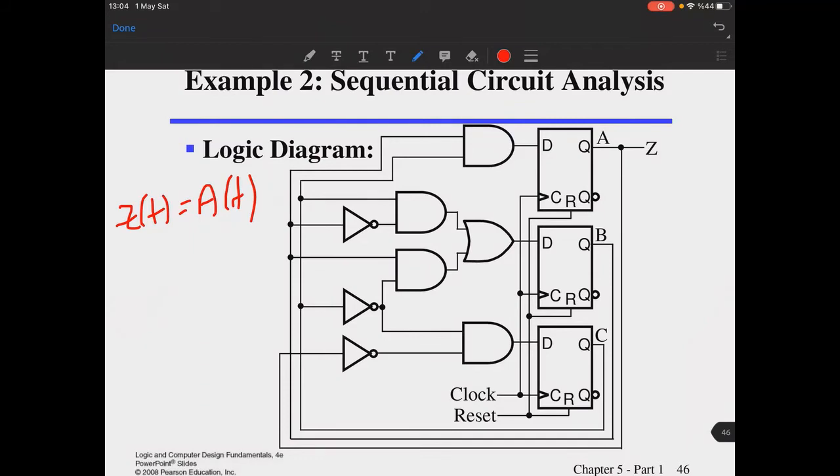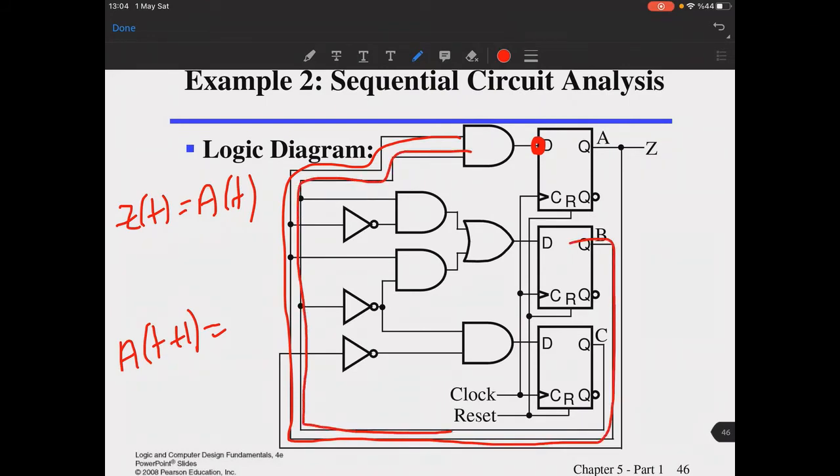And what is your A(t+1)? A(t+1) is, as you see, B(t), C(t).